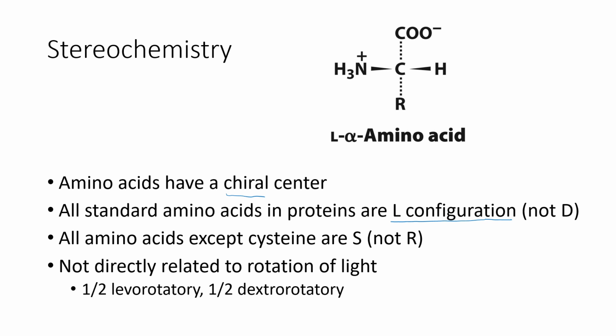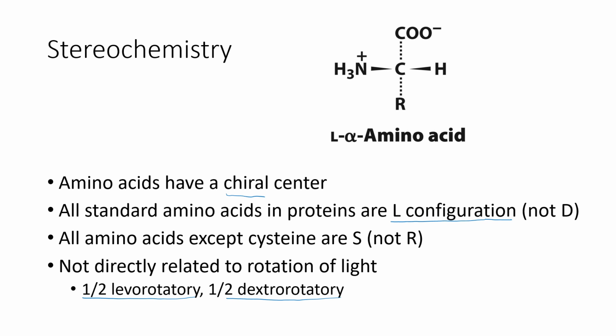It's actually not directly related to how light is rotated, which you may have also learned about in organic chemistry with levorotatory and dextrorotatory. The amino acids are actually split in terms of the way they rotate light, depending on which side chain they have as that R group. But it is important to know that in terms of configuration of atoms around the chiral center, they are all in the L configuration.